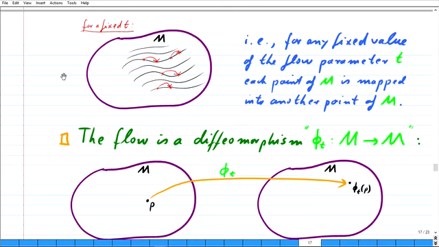So what we have is that we have here the manifold and the flow by a certain amount of time, which we will keep small, but for the moment finite. The flow will map the points of the manifold into the points of the manifold. At least locally, you can always do this for a certain finite amount of time.